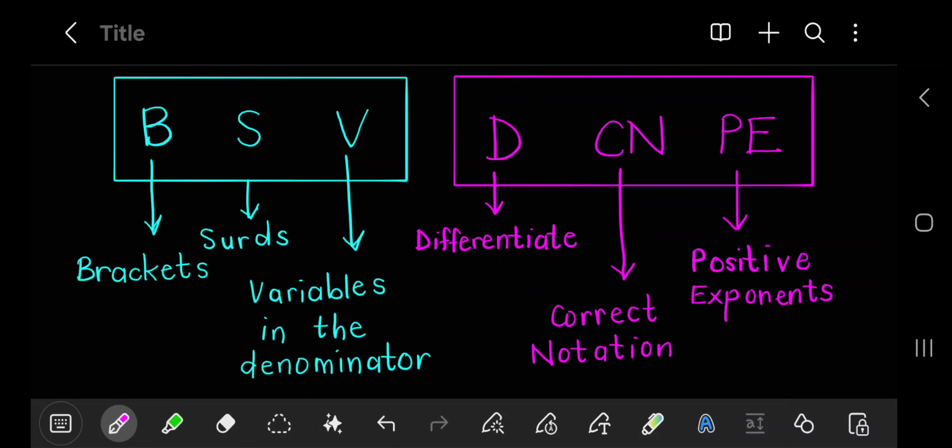But just for the sake of making sure that you get all your marks, we will always simplify our answer until we have positive exponents in the final answer. Now just remember that this is the order in which we work.